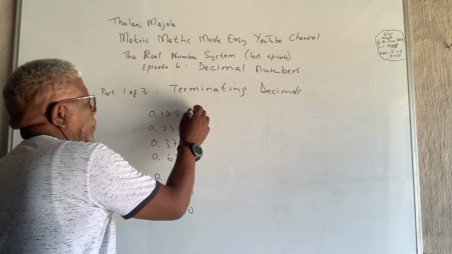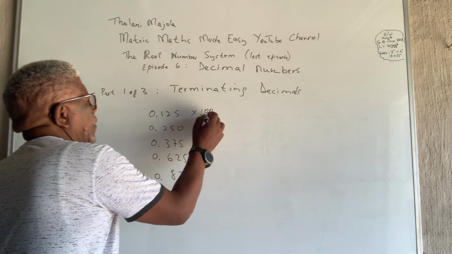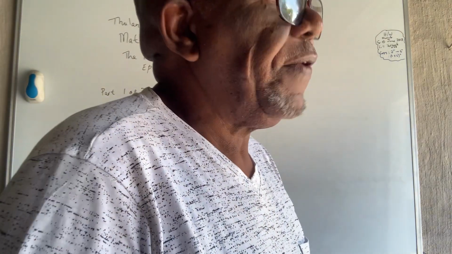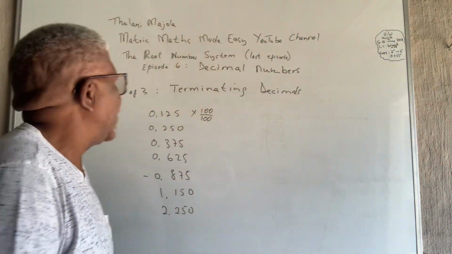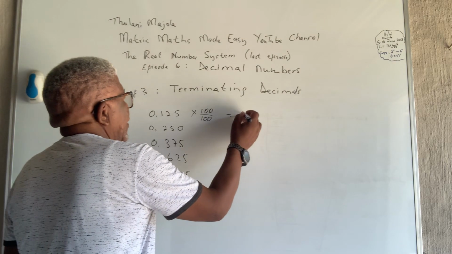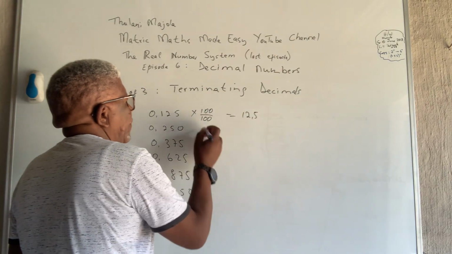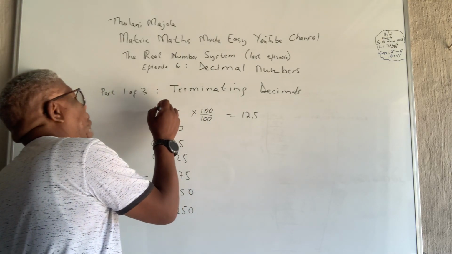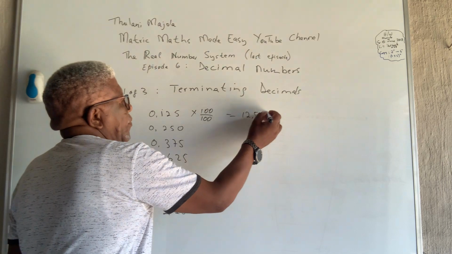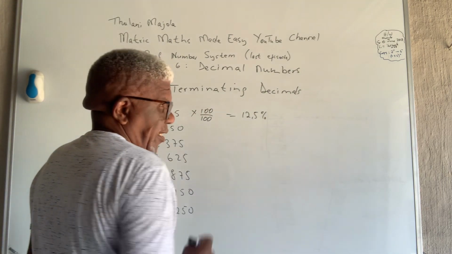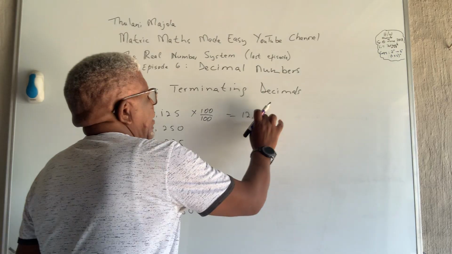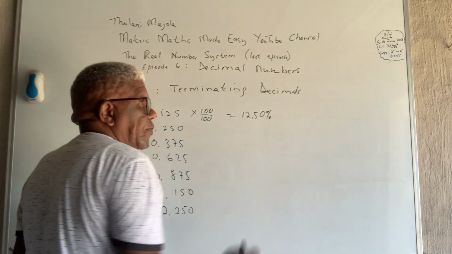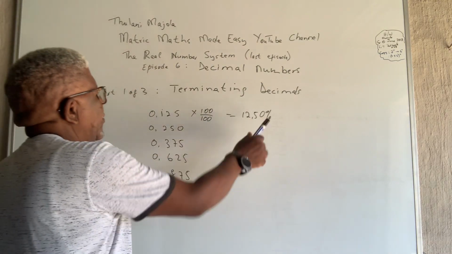If you multiply by 100 over 100, so that 1 is a factor of each and every term, you get 12.5 percent, because the decimal moves over. Just to be consistent with our syllabus, always round off to 2 decimals.